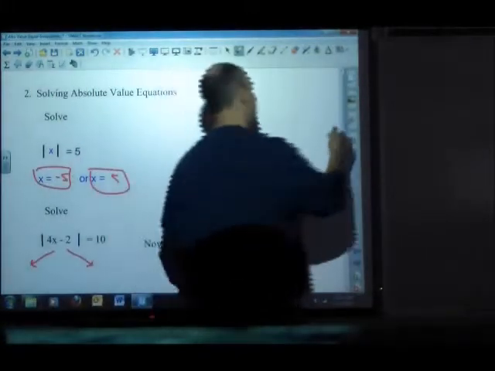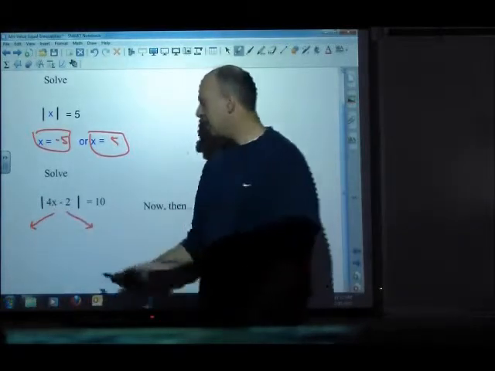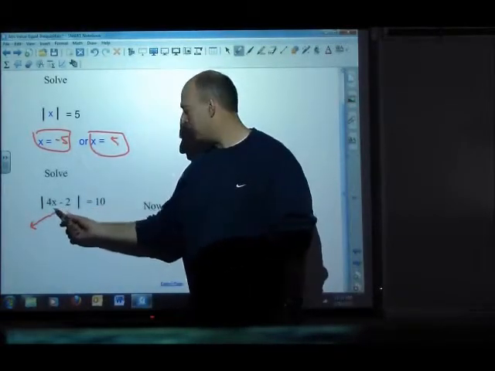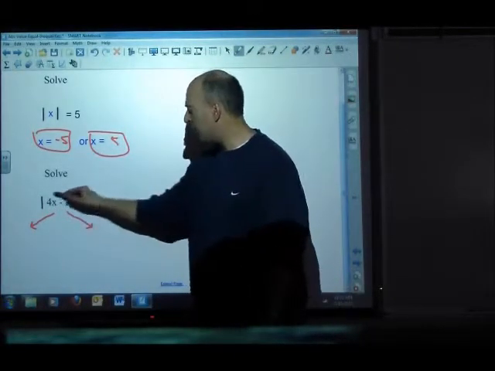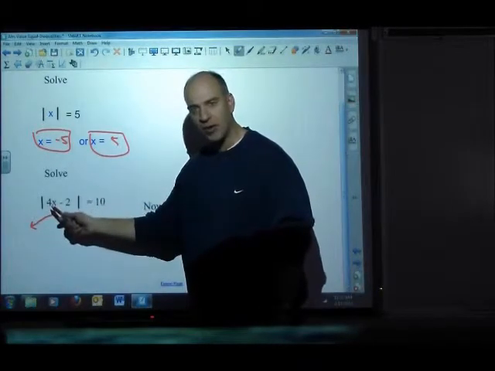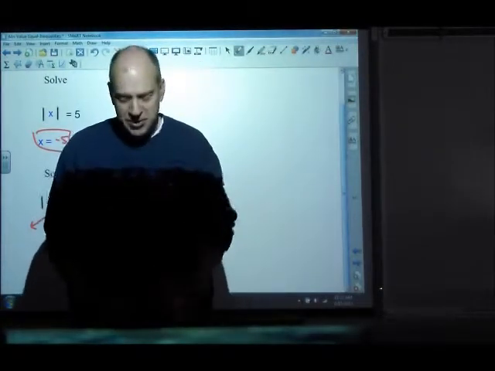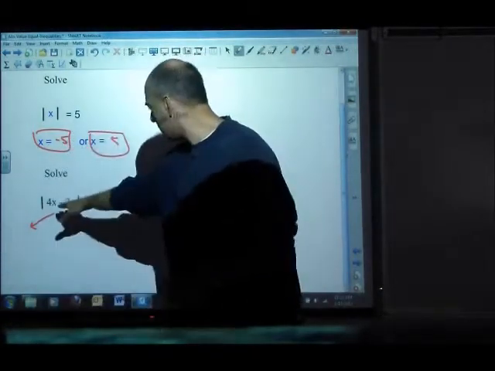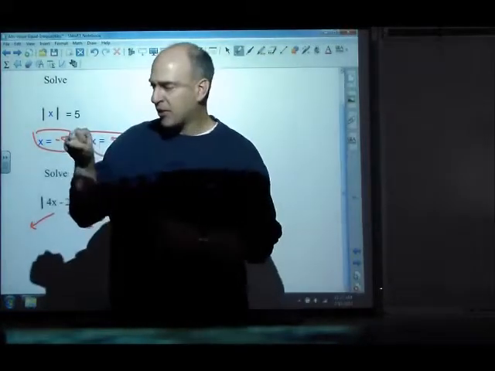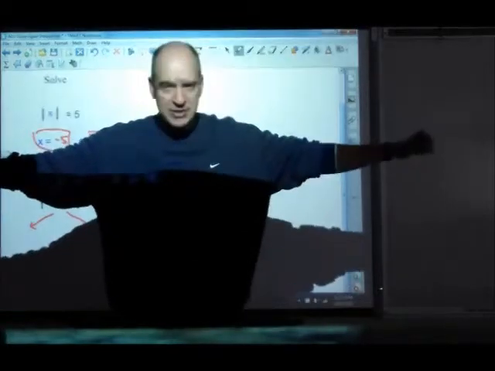When you get an absolute value equation with a variable in it, like solve the absolute value of 4x minus 2 equals 10, realize that I'm saying when will this be 10 units away from 0. If my body is at the number 0 and I want this to be 10 away from 0, that can occur at -10, or at +10.